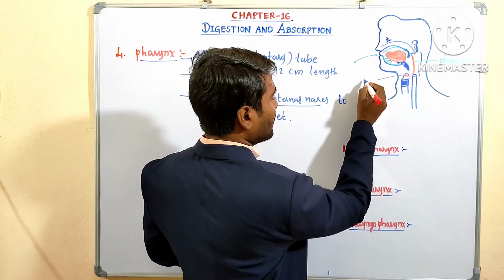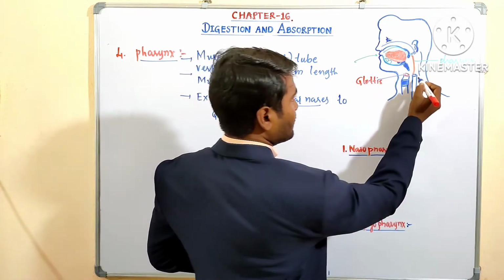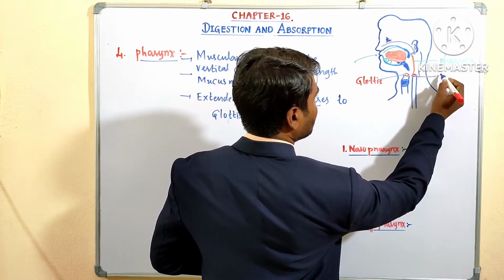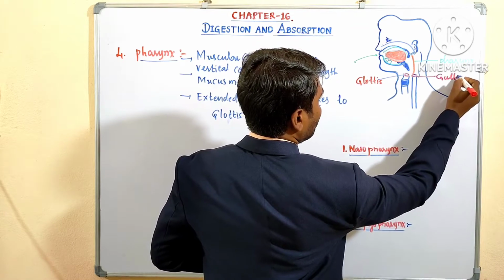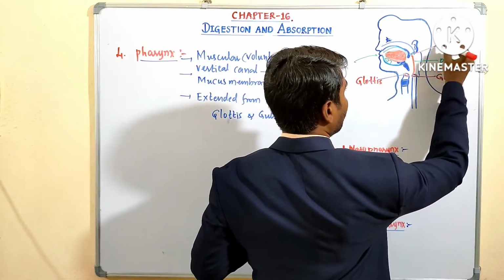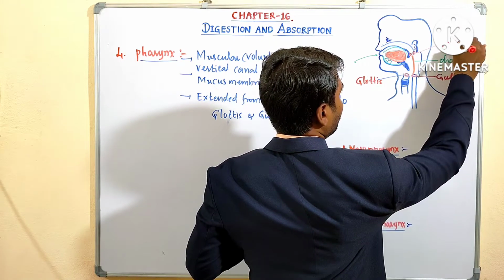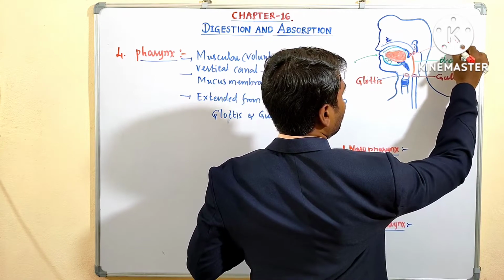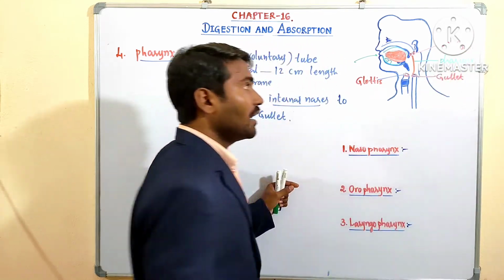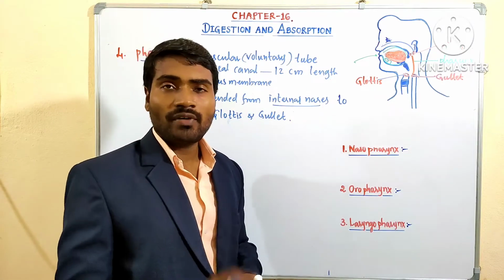This is the trachea opening, called the glottis. And this is the opening of the digestive tract, called the gullet. So it extends from the internal nares to the glottis and gullet. That is the area of the pharynx.